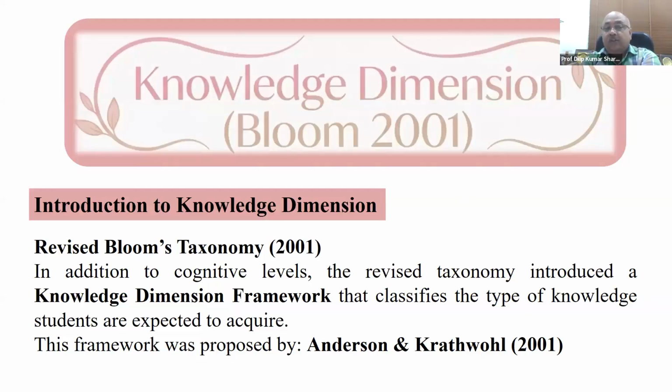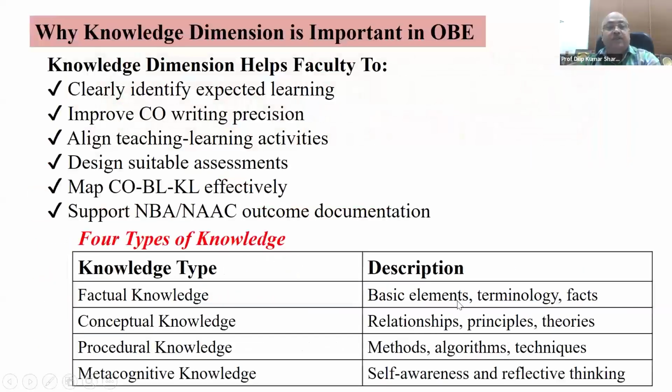Now, the knowledge dimension was also defined by Bloom's group in 2001. The knowledge dimension helps teachers to clearly identify expected learning, improve CO writing precision, align teaching learning activities, design suitable assessments, and map course outcome, Bloom's taxonomy and knowledge type also.